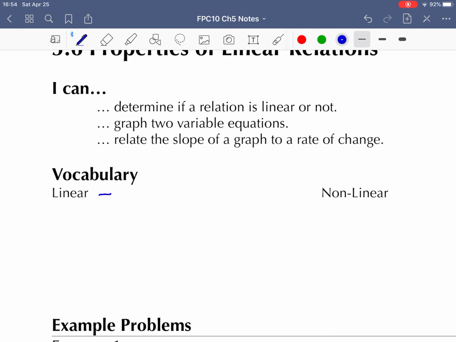And it's pretty basic. Linear just means in a line. It increases or decreases by a constant amount. We say a constant rate.